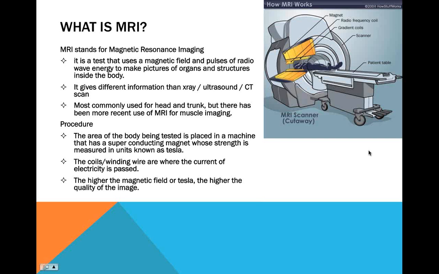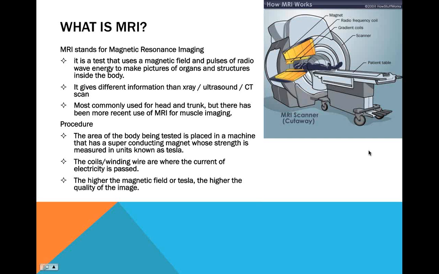When we're talking about Tesla as the units of the superconducting magnet, Tesla is something you can gauge to understand the resolution of the MRI study. The majority of studies today are around 1.5 Tesla, but there are higher resolution scanners that go up to 3 Tesla, and some going up to 7 Tesla that I think have been used in humans as well.